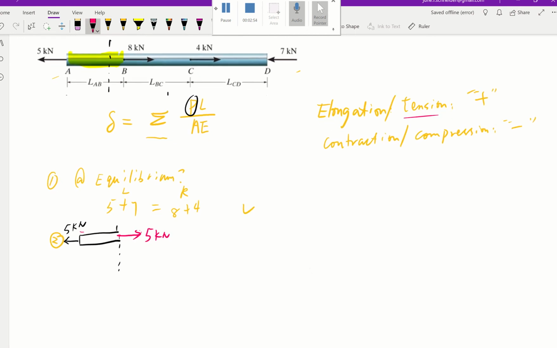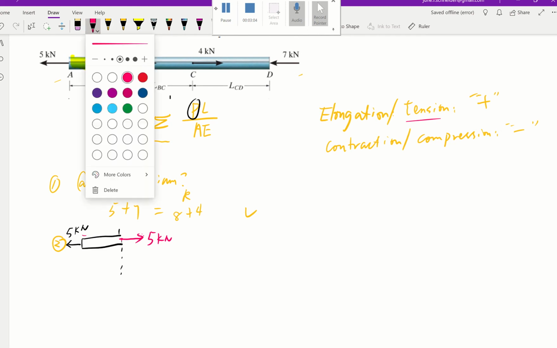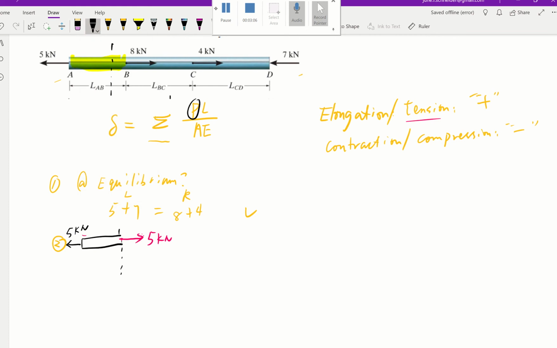All right, now let's think about deformation in that particular AB section. So the elongation, delta 1, delta AB, will be equal to P. This internal force is 5 kilonewton. And now we need to know the length LAB. If LAB here is going to be 2 meters long, it's going to be times 2 meters and divided by area.